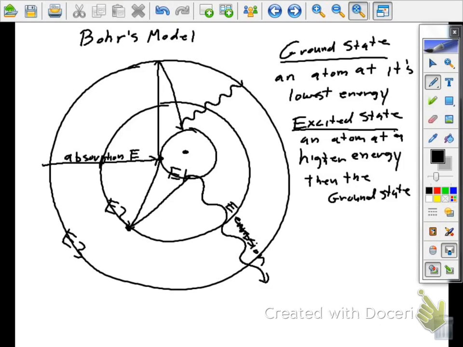What do we know about short wavelengths and energy, like gamma rays and X-rays? Are those harmful rays? Yeah, why are they so harmful? They have high energy. They're very high energy waves. So this would also be emission, but with a shorter wavelength. When you have bigger energy jumps, you have higher energy associated with it.